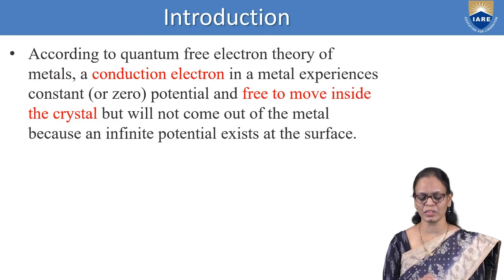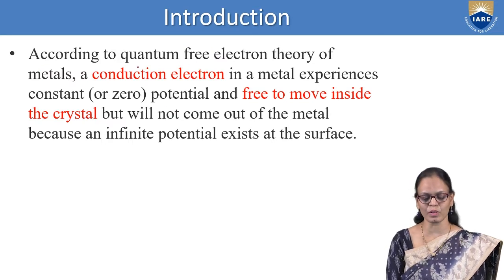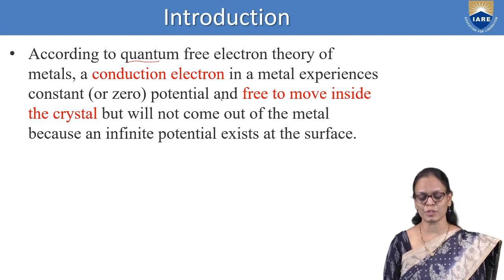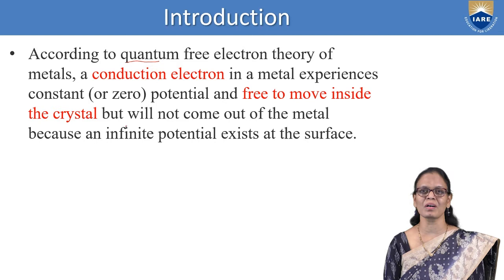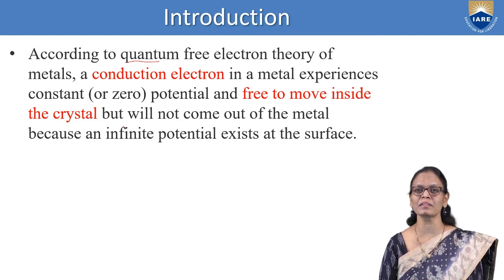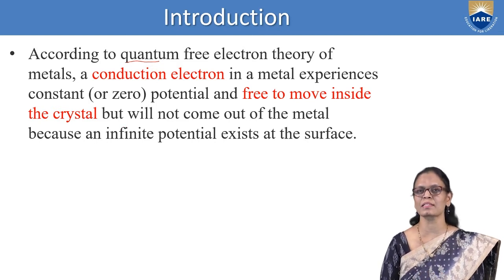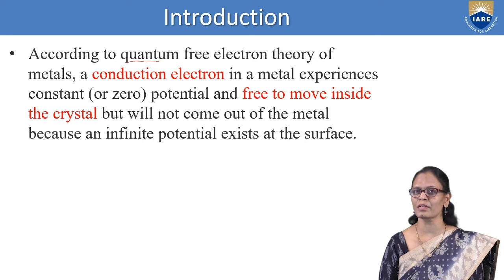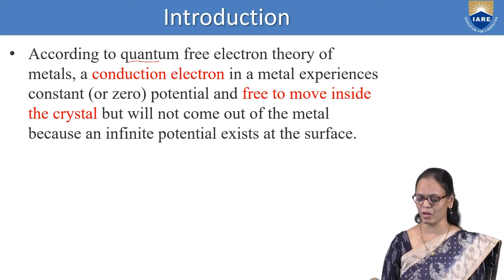Now, in quantum free electron theory, the electron is experiencing a constant or zero potential inside the metal. This was the basic assumption made in quantum free electron theory, but later on it proved to be wrong.